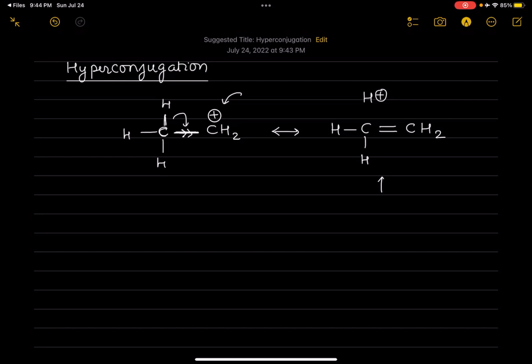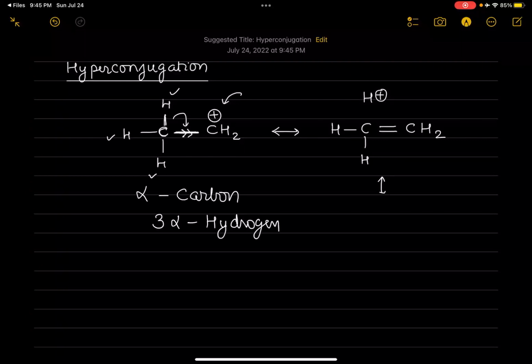In the same way, not only this C-H bond, there are 2 more C-H bonds. This is known as the alpha carbon, and it has 3 alpha hydrogens. So the electron density of this sigma C-H alpha hydrogen can go towards the carbocation. It can get delocalized and mixed up with the carbocation, which is in desperate need of electron density because it doesn't have its own electrons.